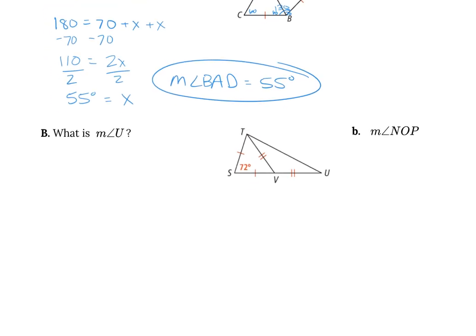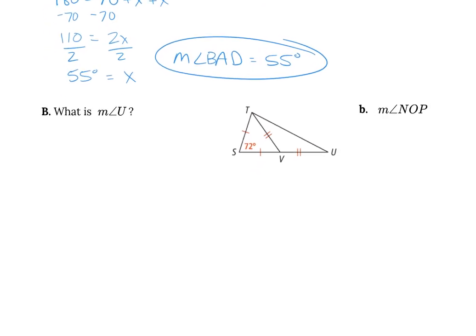Right, what is the measure of U? We're given one angle here. We have two isosceles triangles. I know that this angle would be congruent to this angle. So first I'm going to find that missing angle. So 180 would equal the 72 plus 2 x's, because I don't know what those are.